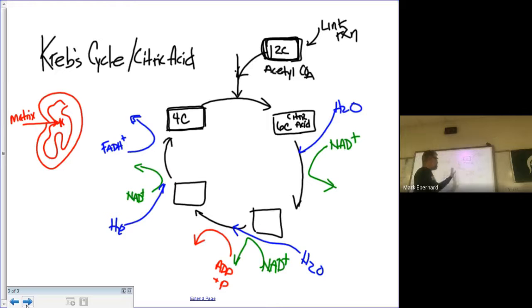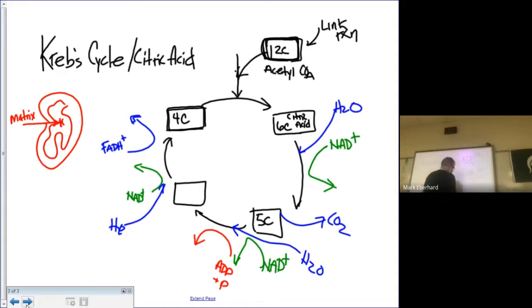So there's several points in the reaction where we add water and oxidize the molecule. The first step, we're going to oxidize this 6-carbon citric acid into a 5-carbon molecule. Again, I'm not going to get hung up on the name, which means we're going to lose some CO2. So we lost a carbon.